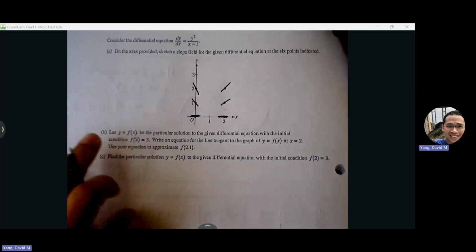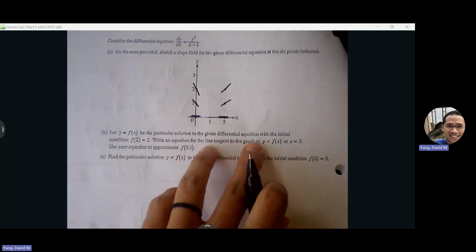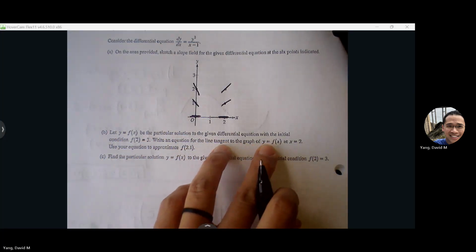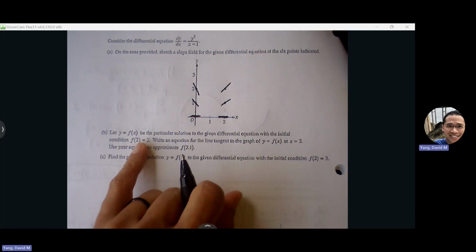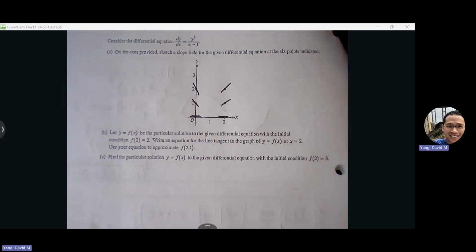Part B, solve the differential equation. You have your order pair, find your slope, point slope form, and then decimal value.